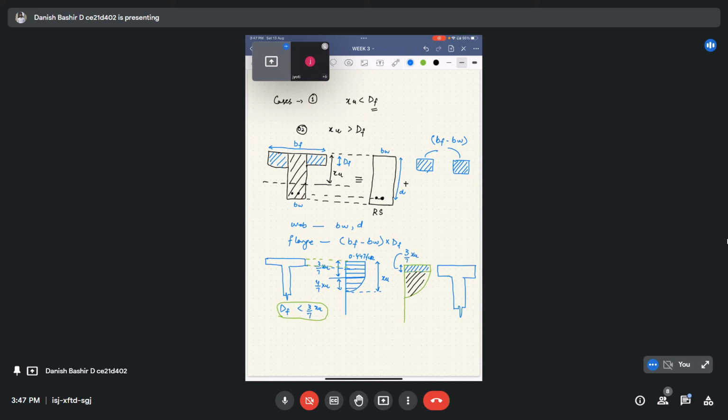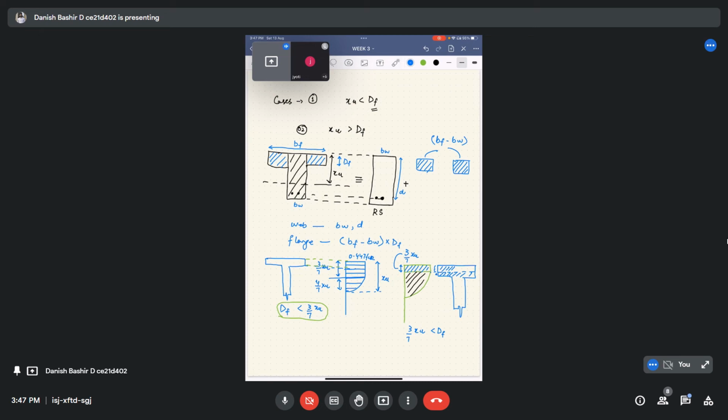Now the case comes if the 3 by 7 neutral axis depth, it is obviously outside the plane, but this value 3 by 7 XU is such that it is less than DF. It means that some parabolic part also enters into this flange section, and this section is already uniformly stressed, this little bit of flange section, but this also having a parabolic variation.